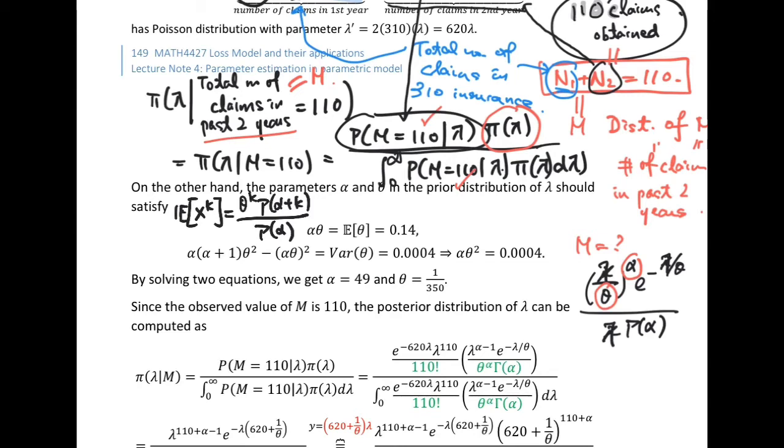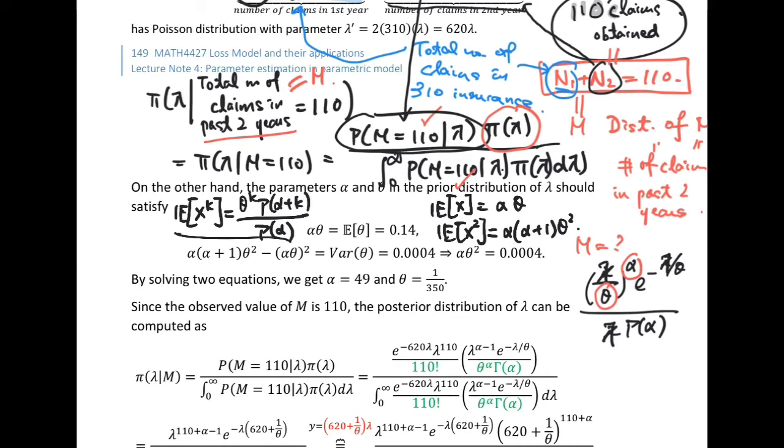So your first moment will be equal to alpha times theta, and the expected value of S squared will be equal to alpha plus 1 times theta squared. You can try to do the calculation by yourself.